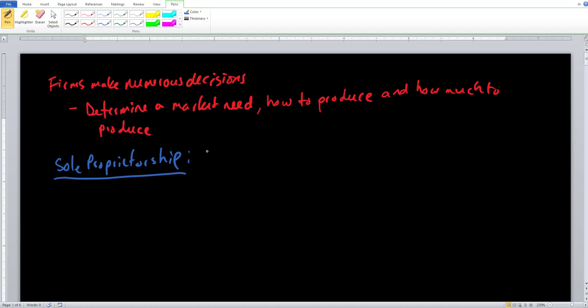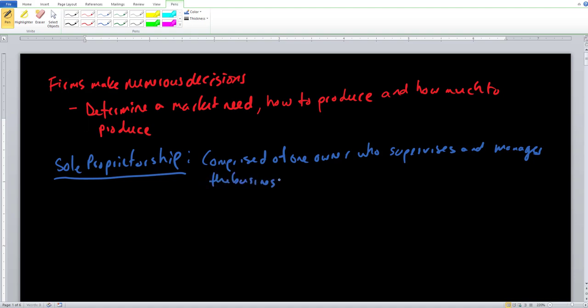It is comprised of only one owner, who supervises and manages the business and is subject to unlimited liability.